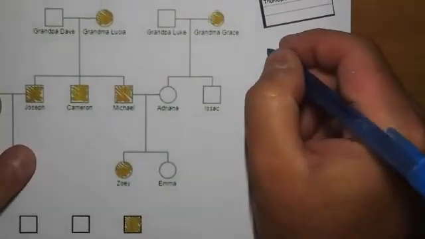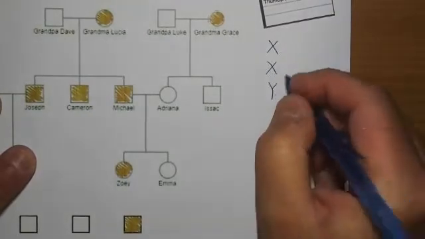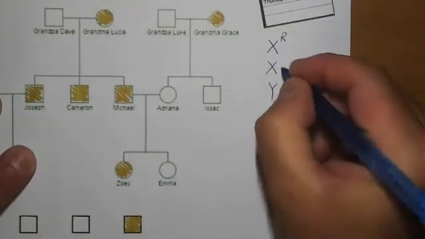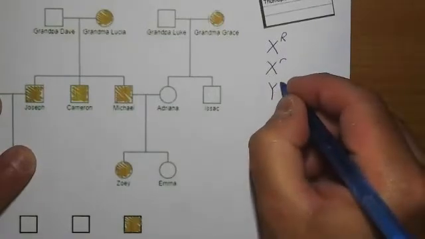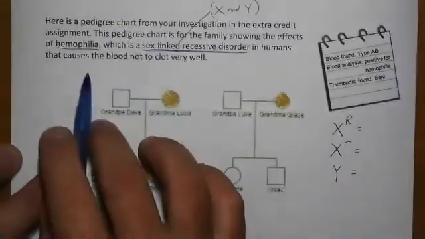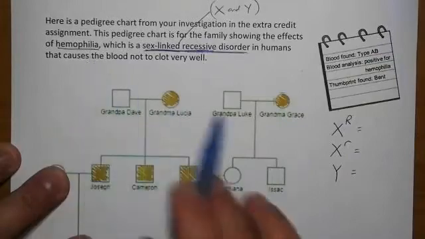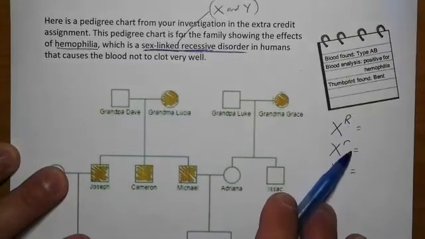So I know that there's X, there's another X, and then there's Y. There could be an X with a capital R, there could be X with a lowercase r, and then Y has nothing. Okay? Since hemophilia is recessive, that means it goes on which one? The capital or the lowercase? The lowercase.